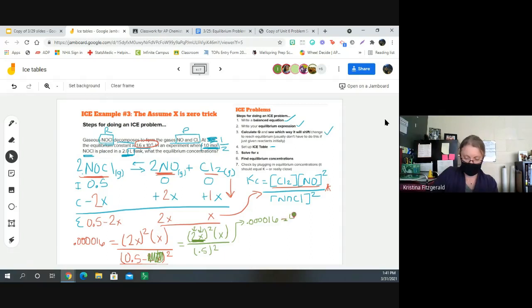That's gonna be 4x squared times this other x, all over 0.25, or 0.5 squared is 0.25. I'm just going to get that out of there. What is x squared times x? X to the third. Okay. 0.000016 equals 4x to the third, all over 0.25.